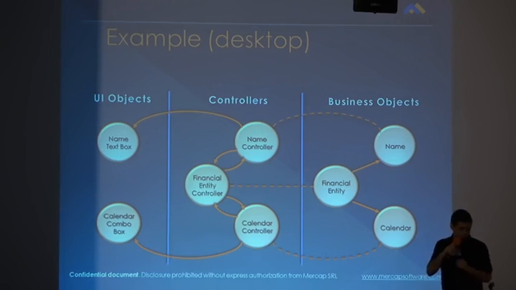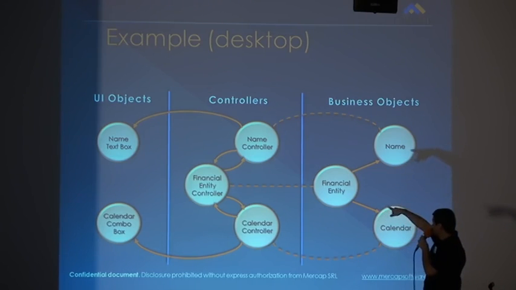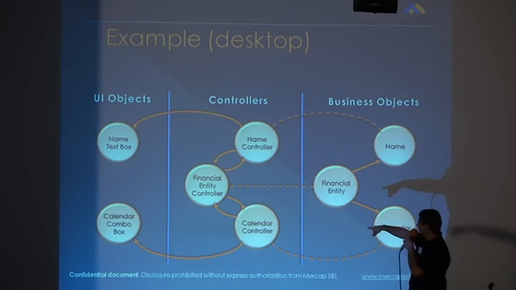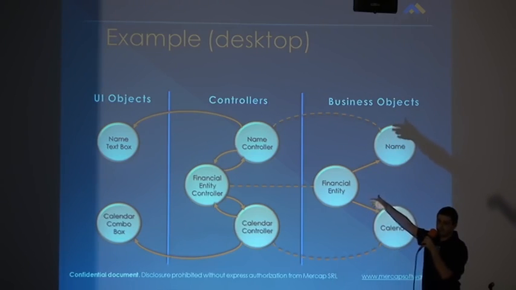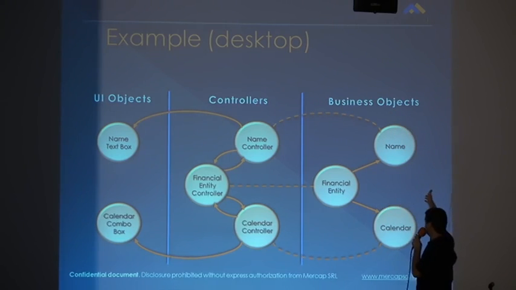If we add the controller object layer, we have a controller for the name and a controller for the calendar. The name controller will have the purpose of creating the name.